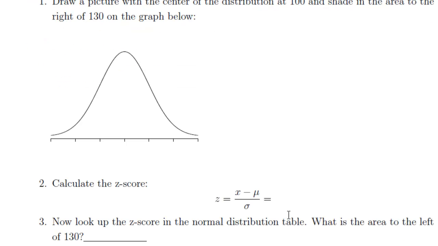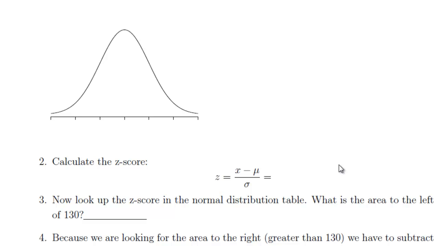So the first thing we want to do is draw a picture. That's already done. This is the normal curve. It's a density curve that's symmetric. And we know that the mean is 100. So I can go ahead and put 100 in here. And then we want to shade the area to the right of 130.